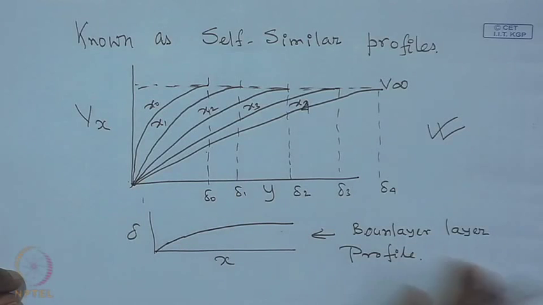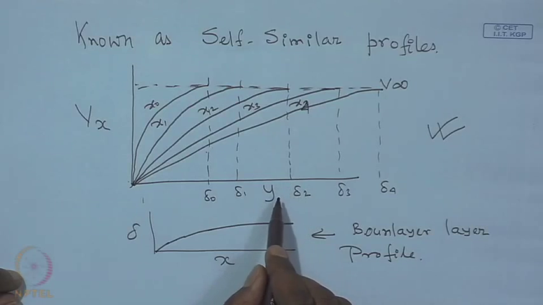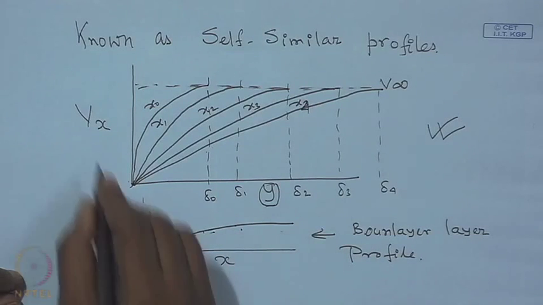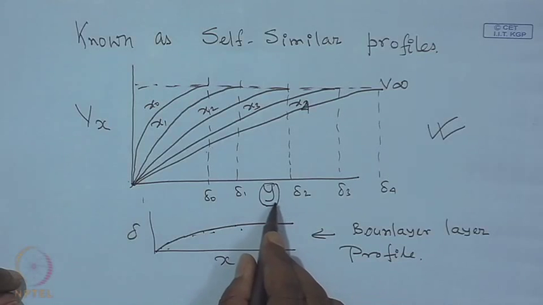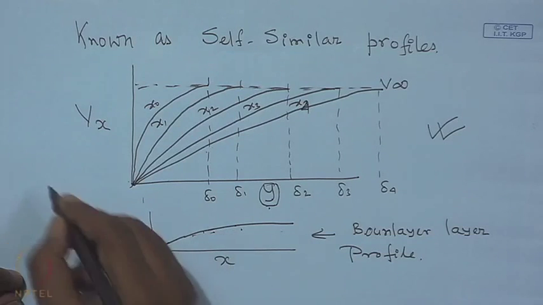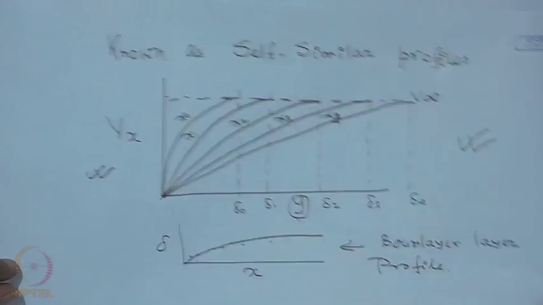Now, if we normalize the variable y with respect to delta, which is a function of x, that means we plot V x as a function of y by delta, where delta is eventually a function of x. Let us see what the nature of this plot looks like.